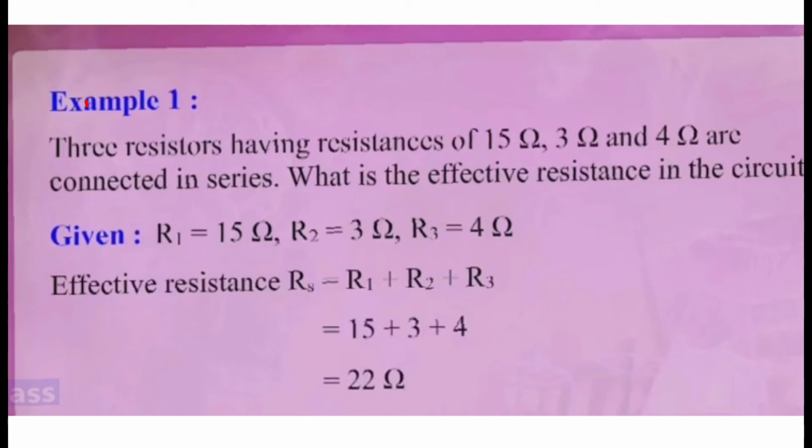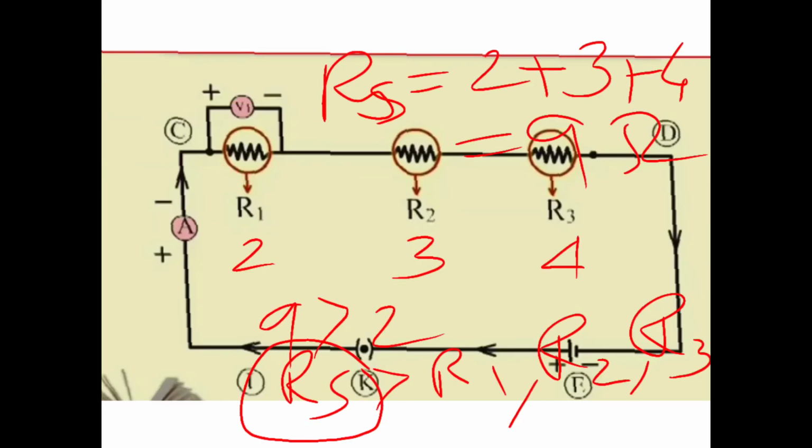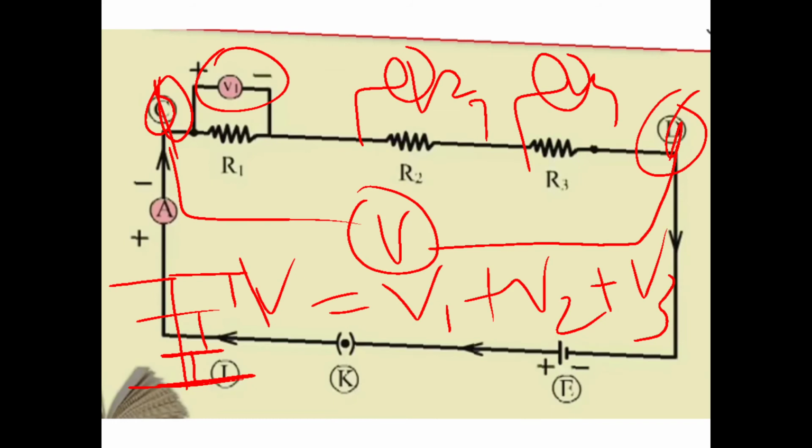Right? Now children, observe one thing. The sum is in front of you. The entire expressions are in front of you. See, remember one thing, that the same current flows through the entire circuit. Right? The same current is passing through the entire circuit. Secondly, the effective resistance of the resistors is equal to the sum of the individual resistances.